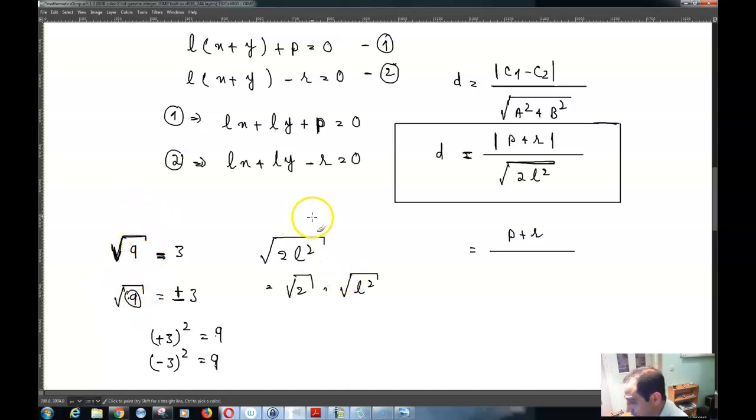Over here again, L squared, to simplify the situation, depending on the nature of the square root function, it could give me either an L or plus or minus L. So there is no way to know what to do here.